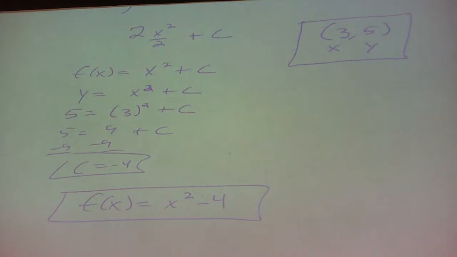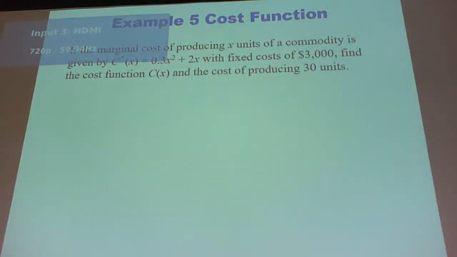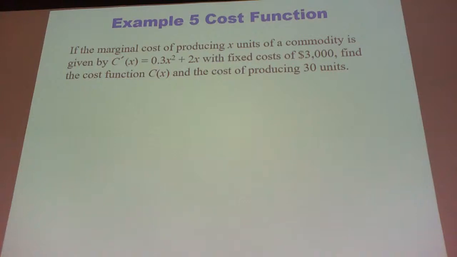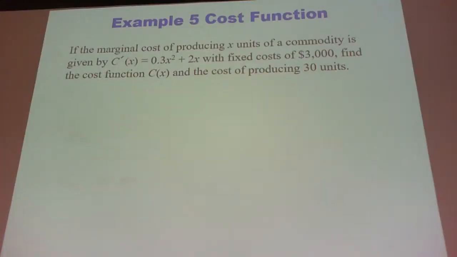So here's a word problem. If the marginal cost of producing x units of a commodity is given by c prime of x equals 0.3x squared plus 2x with fixed costs of 3,000, find the cost function and the cost of producing 30 units.